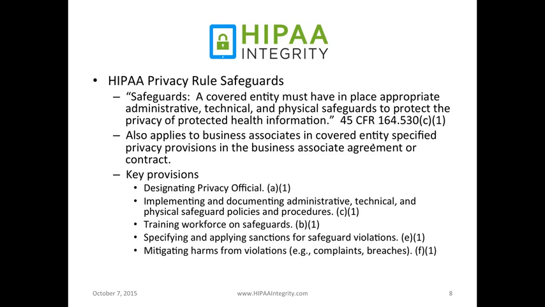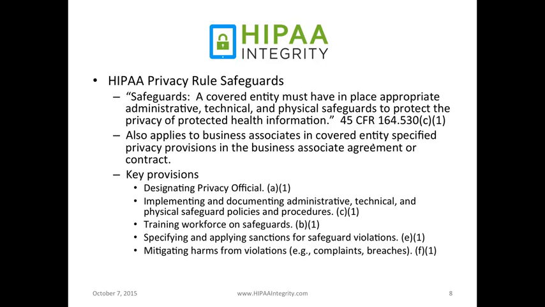Safeguards are administrative, technical, and physical, and they also apply to business associates and covered entity specified privacy provisions in the business associate agreement or contract. So the security safeguards for a business associate must be implemented the same way a covered entity would.